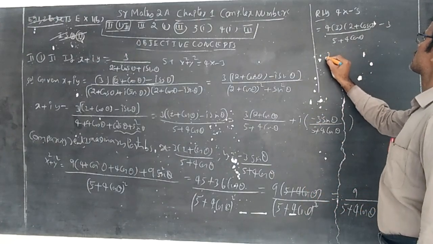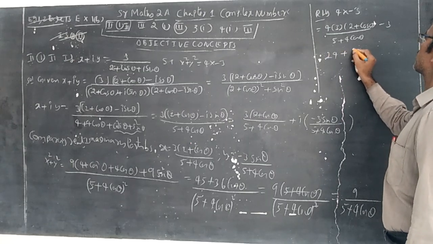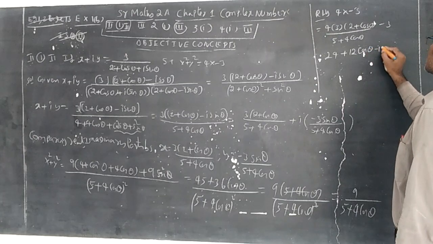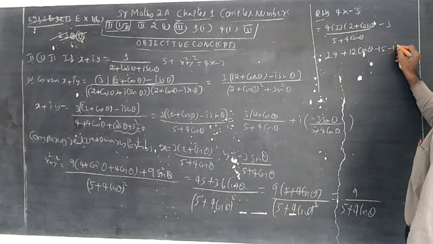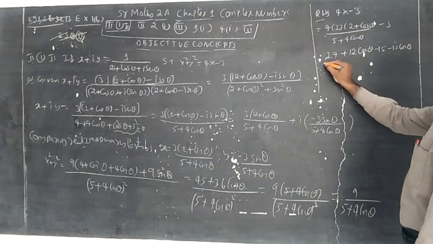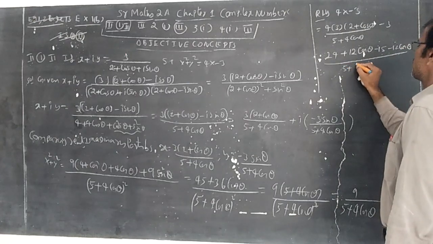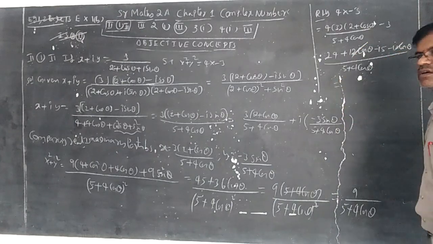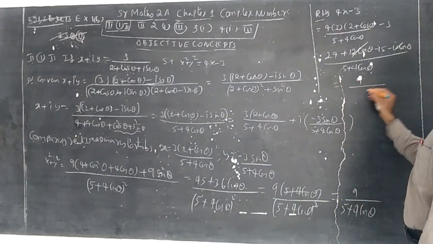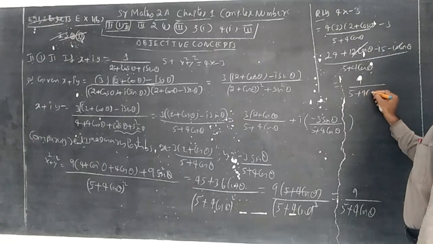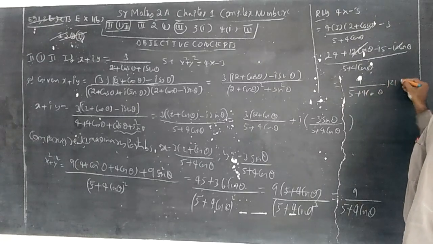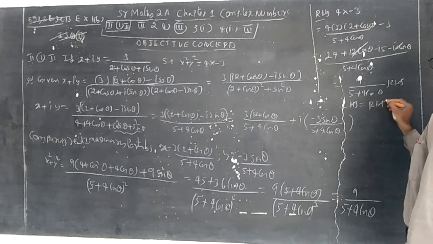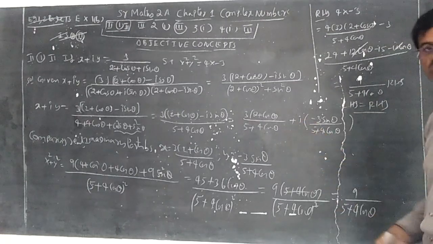So 4 3s are 12, 12 into 2 is 24, plus 4 3s are 12 cos theta, minus, taking LCM, 3 fives are 15, minus 3 fours are 12 cos theta, whole by 5 plus 4 cos theta. 12 cos theta gets cancelled. 24 minus 15 gives 9. 9 by 5 plus 4 cos theta. This is RHS. Therefore, for the 4 marks sum we can write LHS equal to RHS.